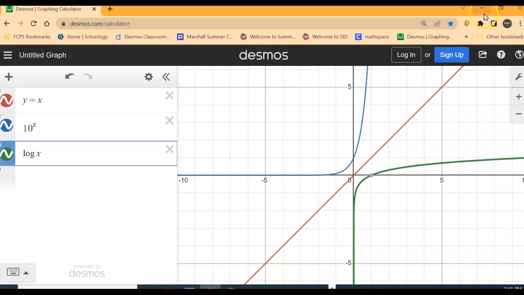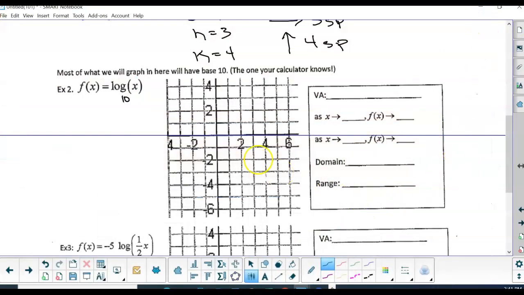So let's go back and fill out that little chart. We could throw a quick sketch on here. So let me grab the red and put in the asymptote. A little crooked there, but that's okay. Let's grab blue for our graph.